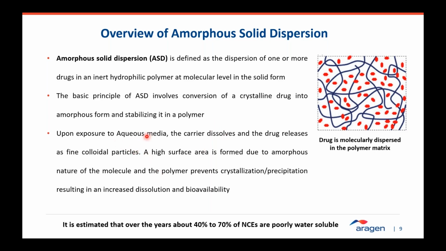When this solid dispersion powder, or when it is converted into a capsule or tablet, is exposed to aqueous media in the GI tract, the carrier dissolves first and the drug releases as fine colloidal particles, still in an amorphous state, forming a very high surface area and increasing the dissolution rate rapidly. The drug is surrounded by polymer solution, which prevents the crystallization or precipitation of the drug, thereby improving the bioavailability.